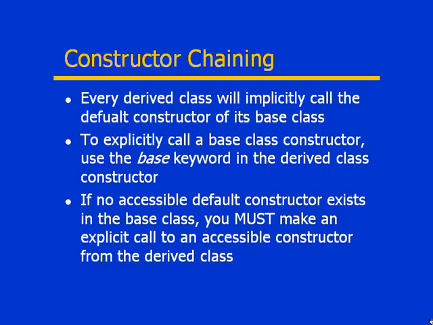So what we would need to do then in our derived class is, using a keyword called base, call a specific explicit constructor of that base class. Now, if that base class does not have any accessible default constructors available, then you basically must make some sort of explicit call in order to get this to work out. If for some reason there are no accessible constructors at all, then you've got an instantiation problem here.